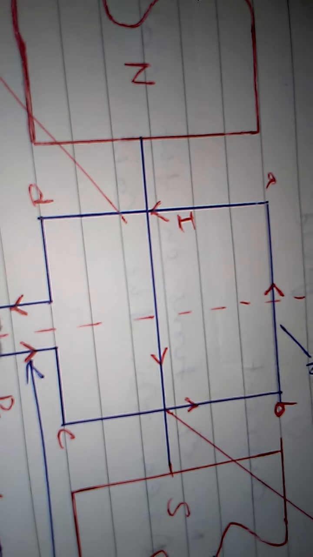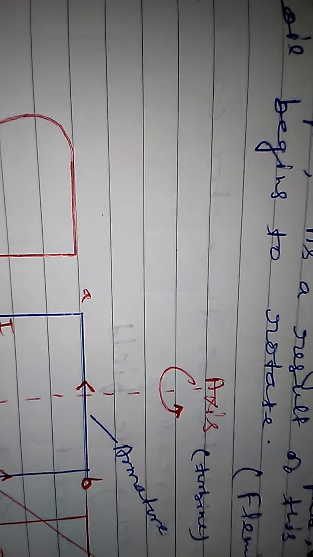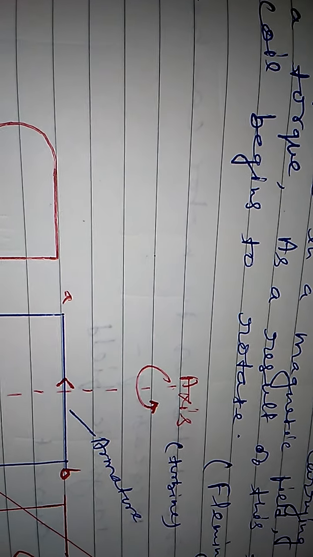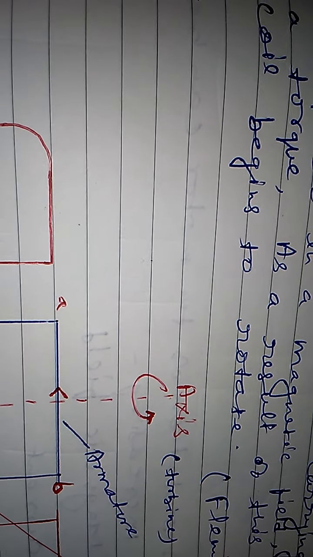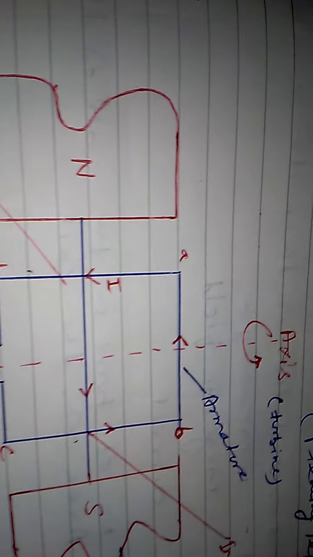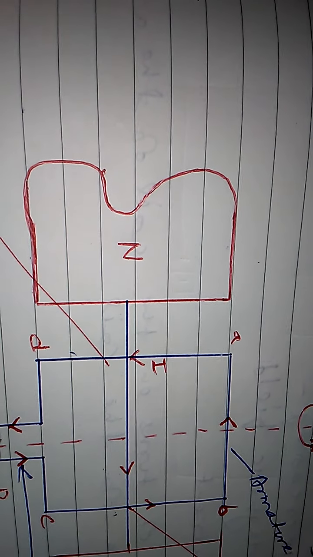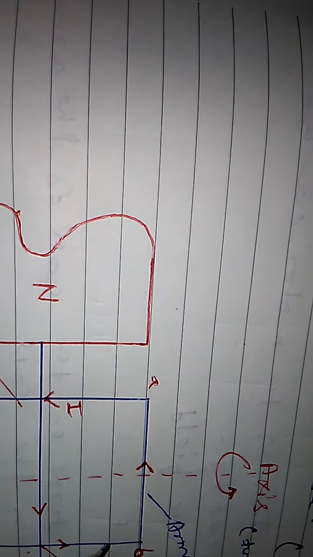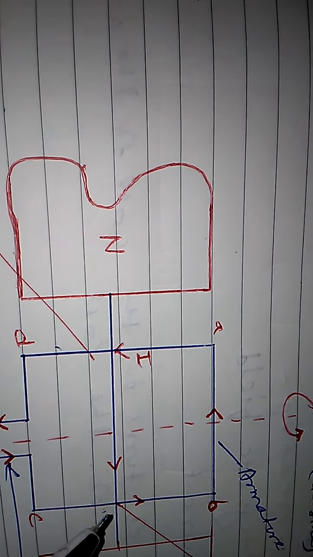So one thing, try to understand. When current is passed, the same current is passed to both sides of the coil. Length of the coil is same, magnetic field is same, there is no change. Then this battery current experiences a force on this coil, and due to this force the coil starts rotating.